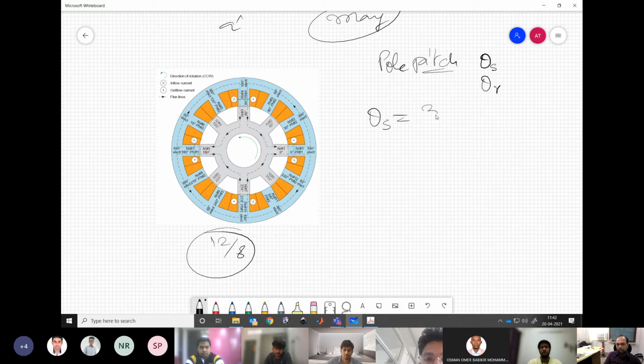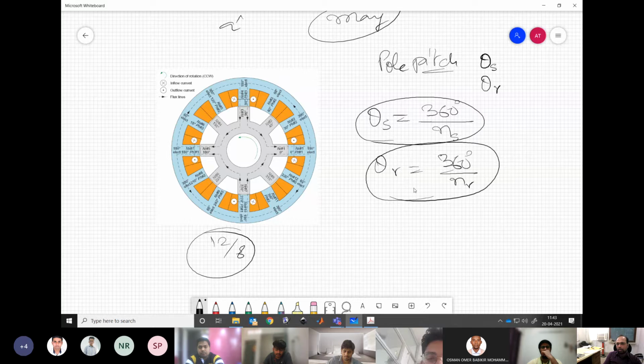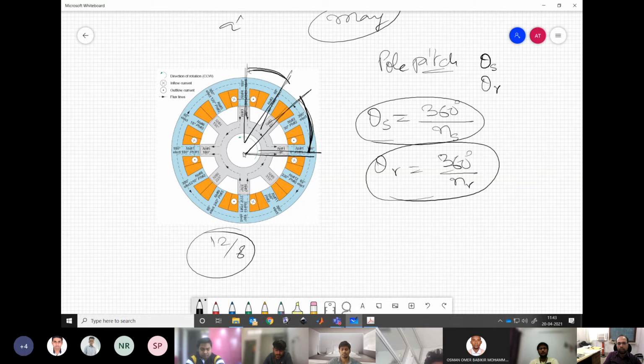This is nothing but 360° by number of stator poles, and theta r is nothing but 360° by rotor poles, isn't it? Which means simply the mechanical angle between the two poles. What is the angle between these two and what is the angle between these two? That's all. Understanding my point? This is your theta s, this is your theta r.